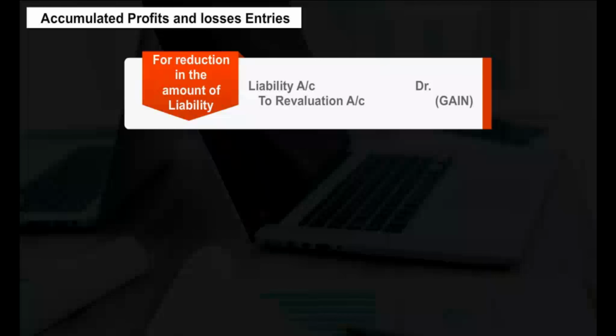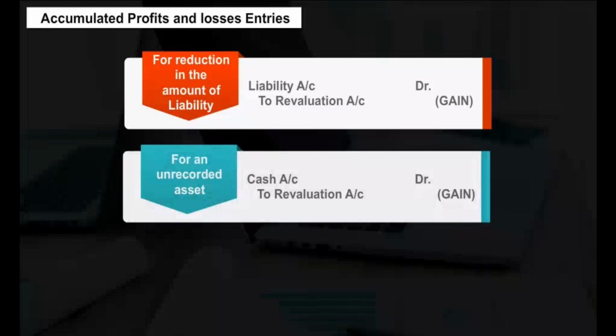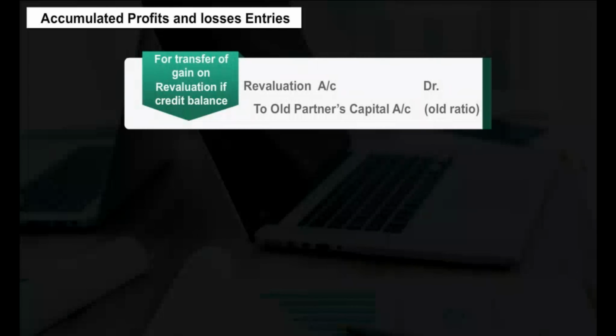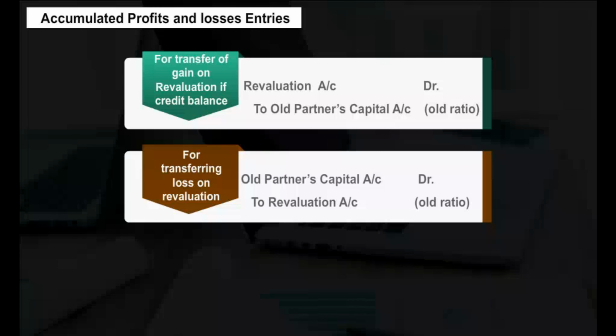For reduction in the amount of liability. For an unrecorded asset. For an unrecorded liability. For transfer of gain on revaluation if credit balance. For transferring loss on revaluation.